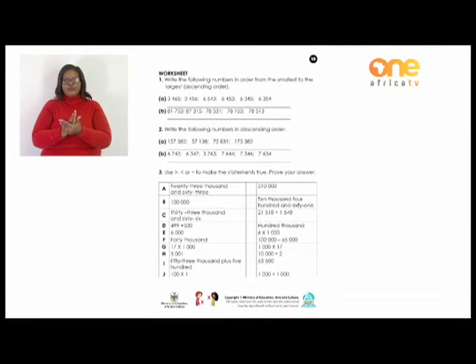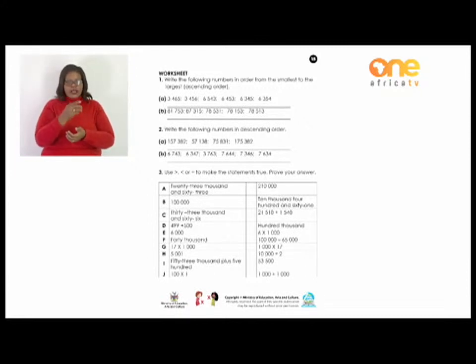So from A until J, you see that one number is written in numeric, the other one is written in words. The best way to compare these numbers is to write the number written in words in numeric. For example, under A, it's 23,063.